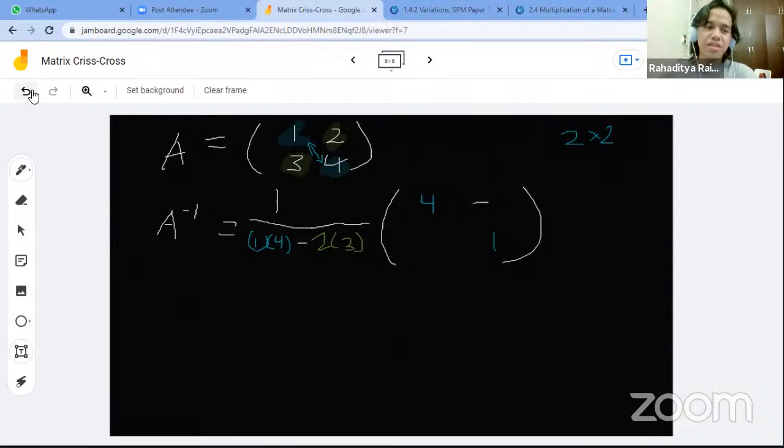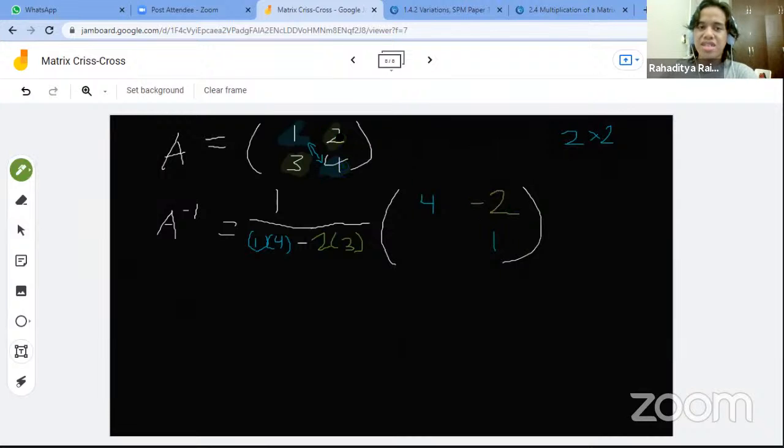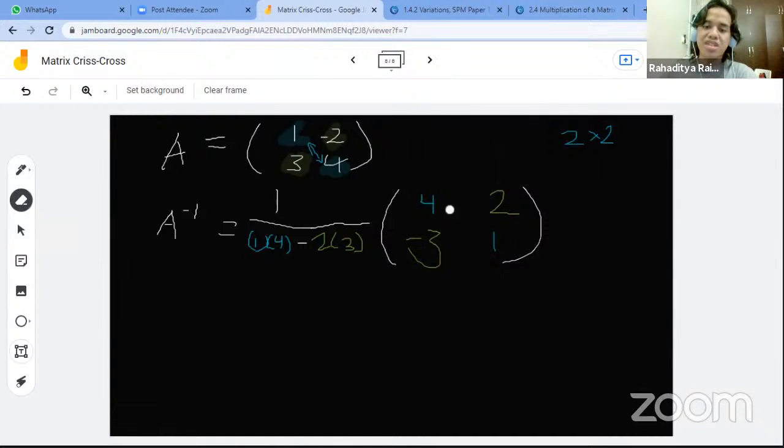What you do with the top right and bottom left is you multiply it by -1. For example, if this is 2, it becomes -2. This is 3, it becomes -3. Or if it was originally -2, then you would change it to +2 instead. So yeah, this is how you find the inverse matrix.